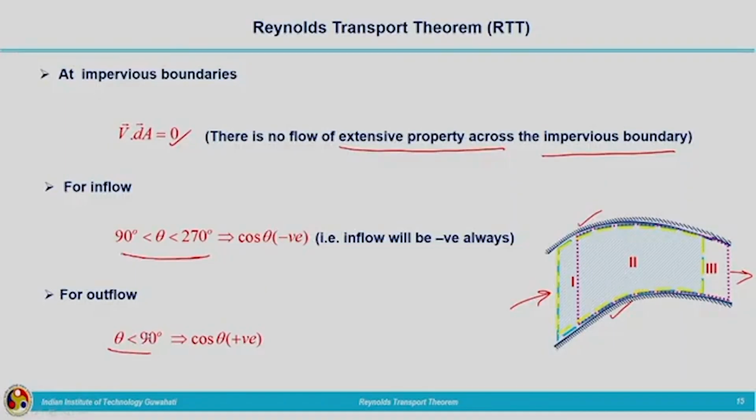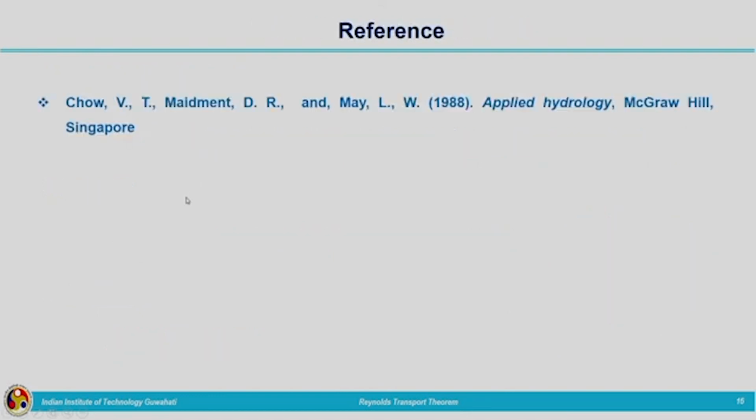So, here the inflow region has a negative sign and the outflow region is positive. For impervious boundaries, V dot dA will be 0. This should be very clear to you. The derivation and basics related to this theorem I have taken from the textbook Applied Hydrology by Ven Te Chow and others.